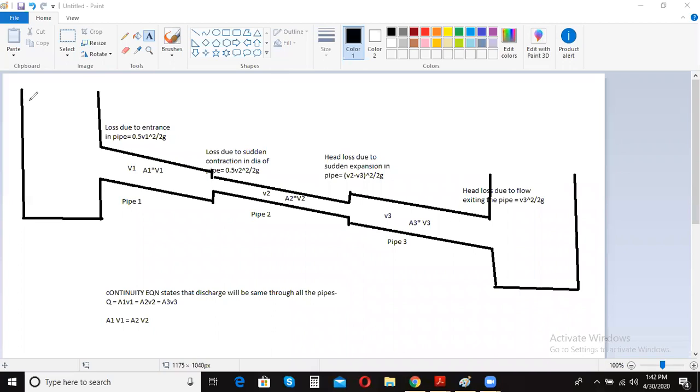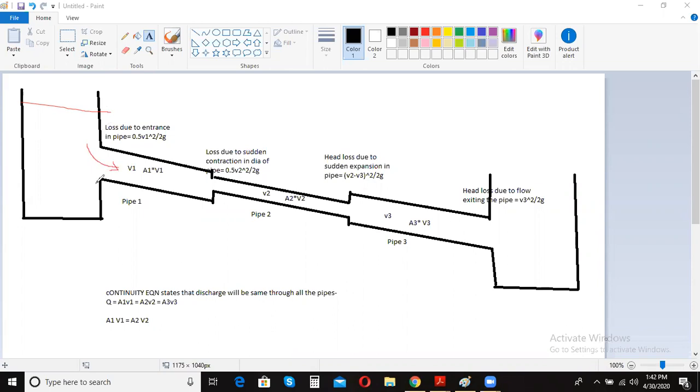Initially the water is in this reservoir. Now, when the water is just entering the pipe from the reservoir, that is at this section or at this junction, what happens?